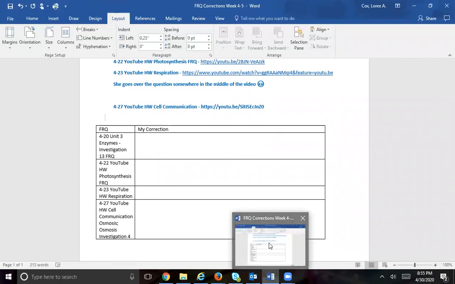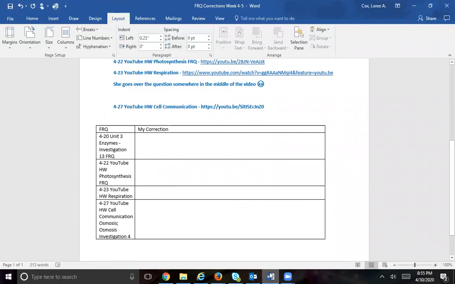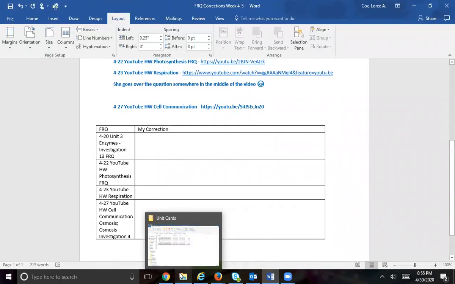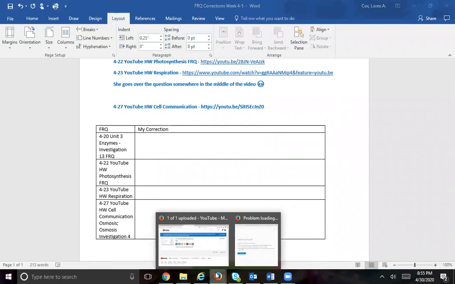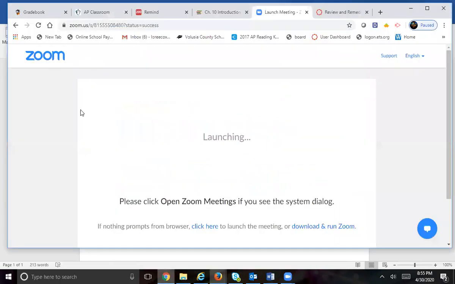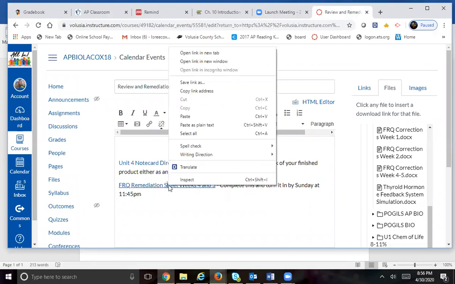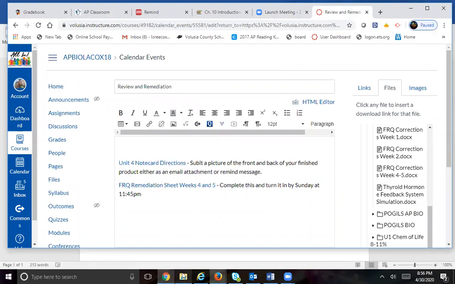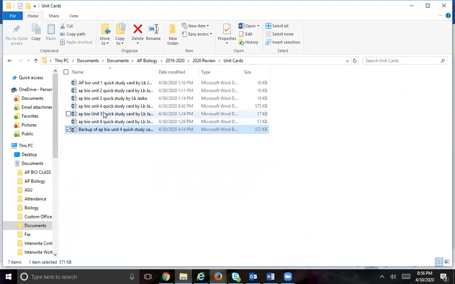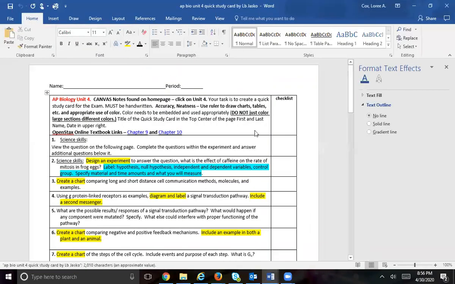We have a new assignment that you are going to be doing this week. If you go into the calendar, you will see the Unit 4 study card.